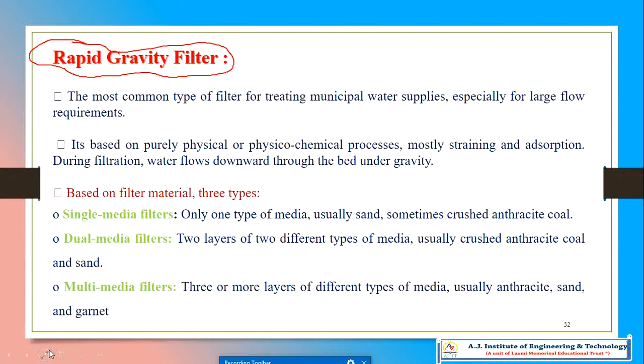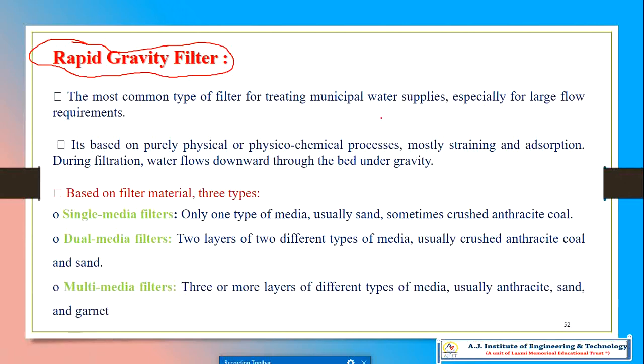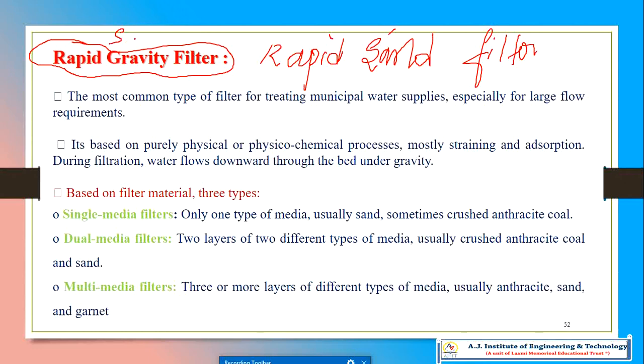That is rapid sand filter also we used to call, or rapid gravity filter you can call it. We can call it as either rapid sand filter or rapid gravity filter.